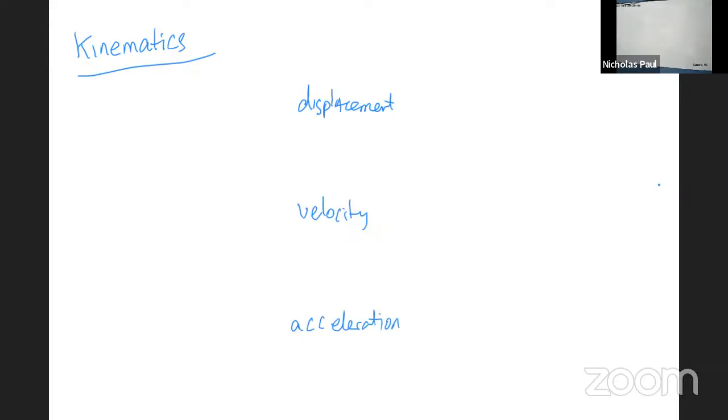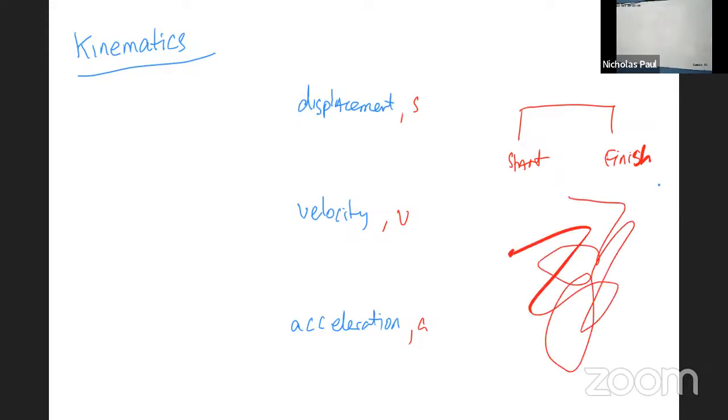Always remember that displacement is a straight line distance from where you start to where you finish. That is called a displacement. So if you travel, do all of this fancy thing here, it doesn't matter. The displacement is from where you start to where you finish, that distance.